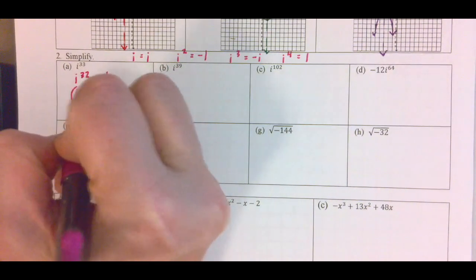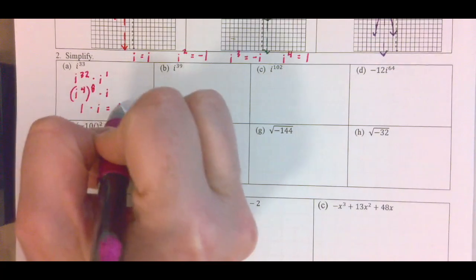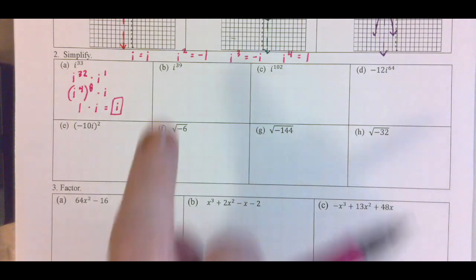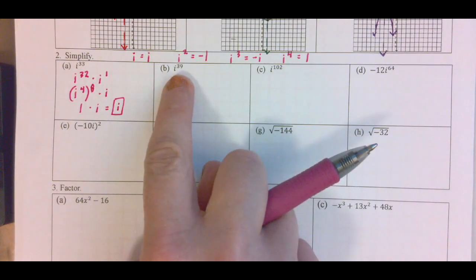So really 1 times i gets me back to i. So again, I'm counting off a power of 4. So the closest number below that's divisible by 4. All right, i to the 39th.